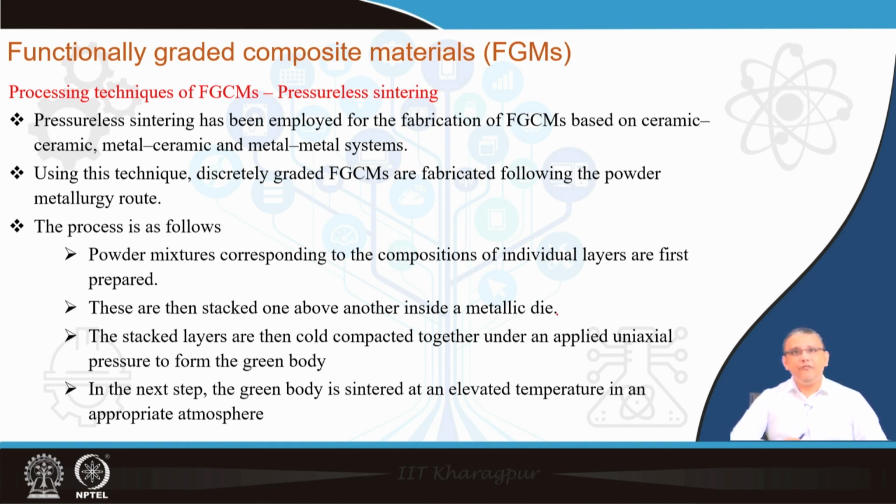Now, what are the various steps involved in pressureless sintering? First, using the models I discussed in the last lecture, we have to calculate or specify the individual layer compositions. Then we take a die, typically a metallic die, and once we have decided the individual layer compositions, these layers are deposited one by one: one layer, then another layer, then another layer, on top of each other.